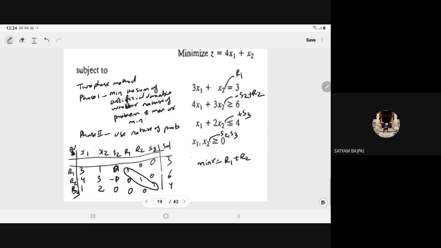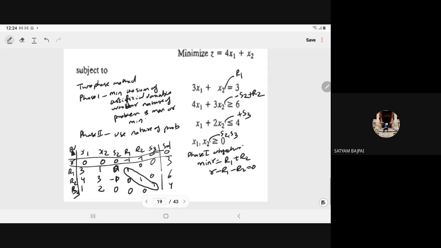That is the phase 1 objective. Here you write r instead of z, and when we take r minus r1 minus r2 equal to 0, it becomes 0 0 0 minus 1 0 and 0.